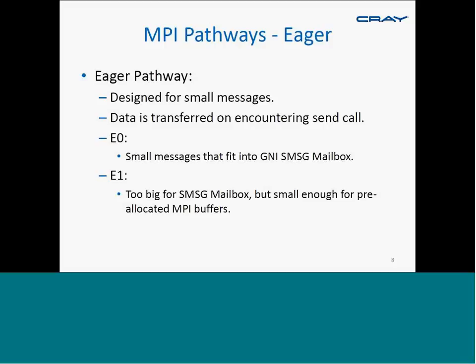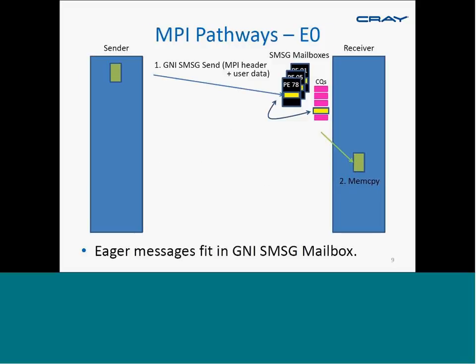So if something can fit in a small message mailbox, it's an easy message. If it cannot fit in a small mailbox, but it's small enough to fit in larger generic MPI buffers, you can go to E1.